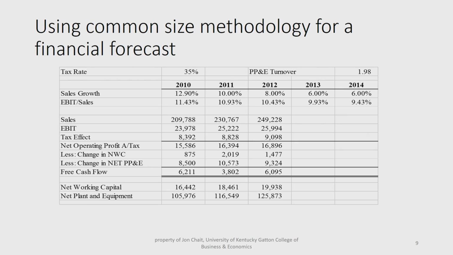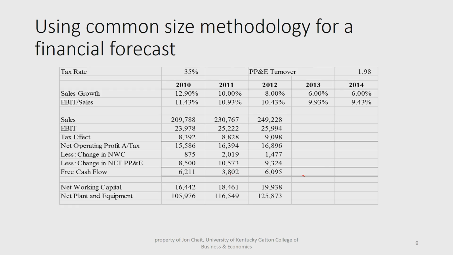So I'm displaying on the screen a simple financial forecast, and let's see if I can display the entire financial statement for you to look at. I don't think I can in this format, but what happens is the assumptions are on the top part of the financial statement, and some of those assumptions have to do with sales growth and EBIT to sales.